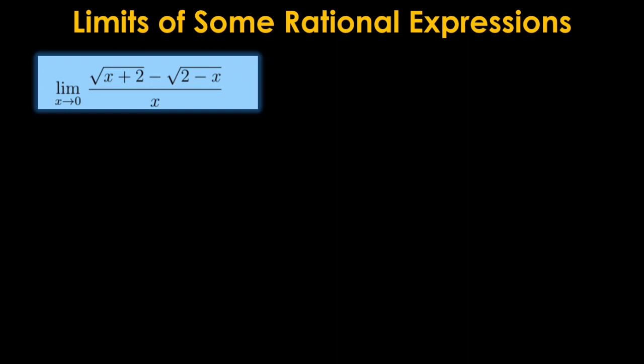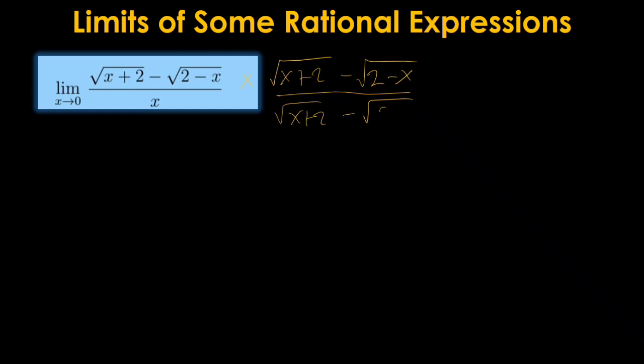Now the first thing we do is to get rid of that 0, and we're going to multiply our numerator by its conjugate, which is square root of x plus 2 minus square root of 2 minus x. And so as our denominator, this is minus square root of 2 minus x.